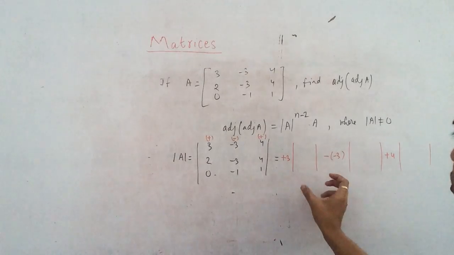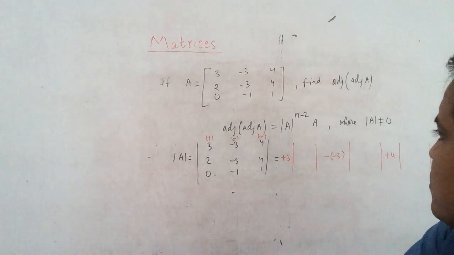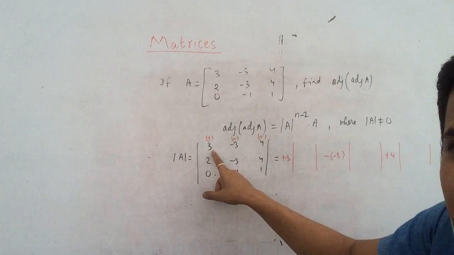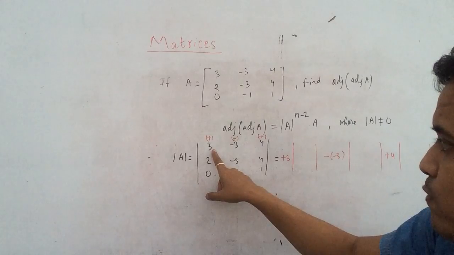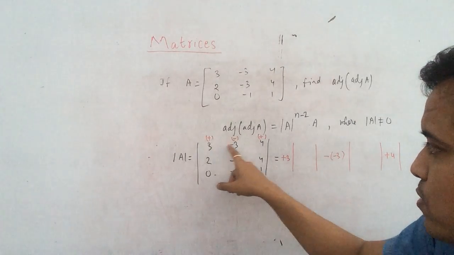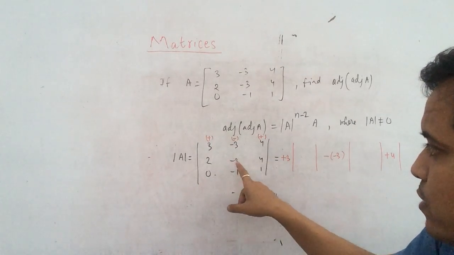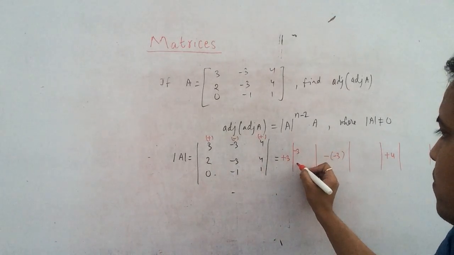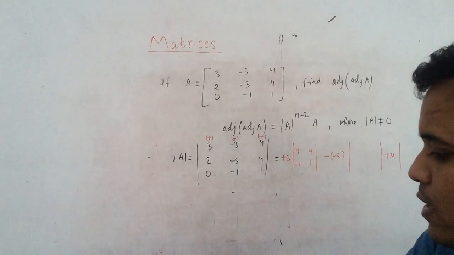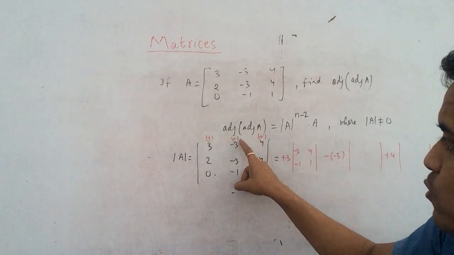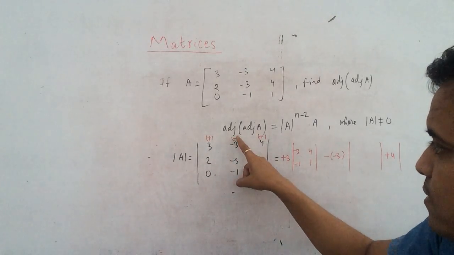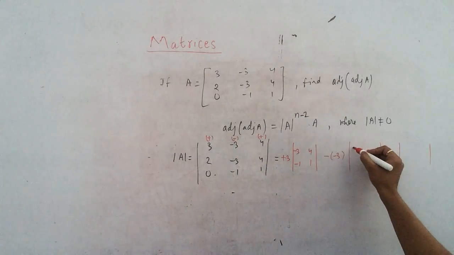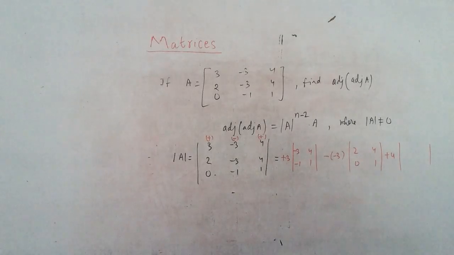So what would you fill here? Whatever you choose, leave that row and that column. You have chosen this 3, leave this row and this column. So what would you get? Minus 1, 4, 1. Now you have chosen this minus 3, so leave this row and this column. What would you get? 2, 0, 4, 1.